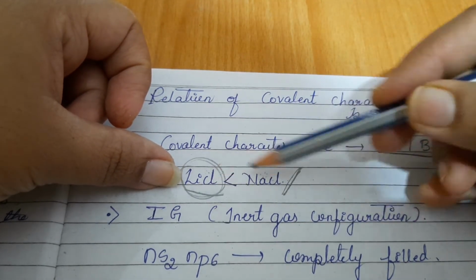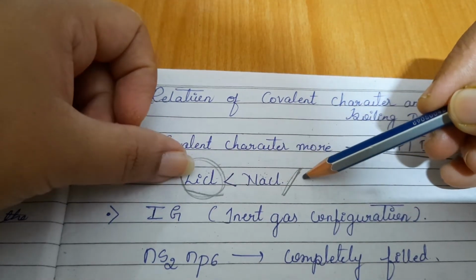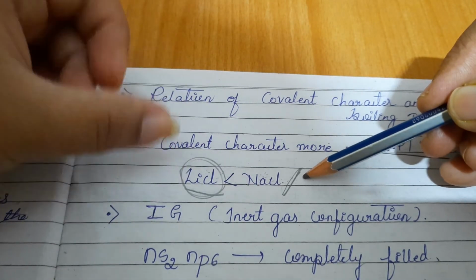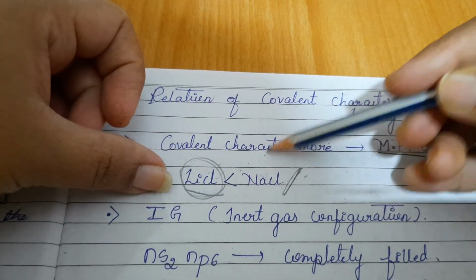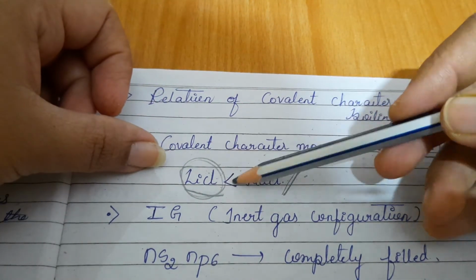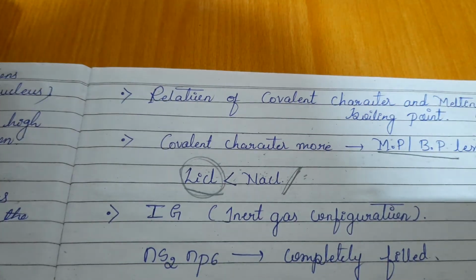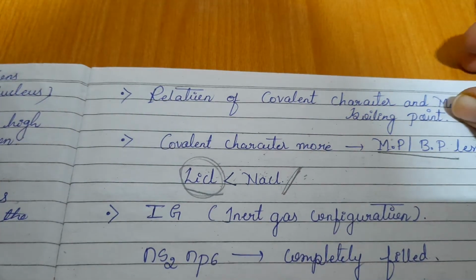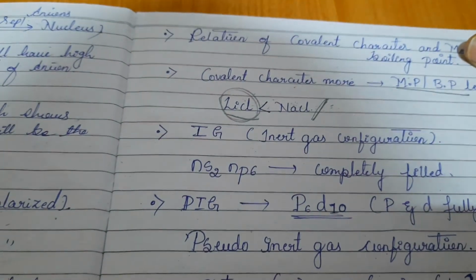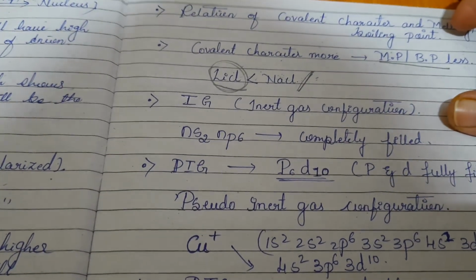But if you consider a comparison between these two, sodium chloride is more ionic than lithium chloride. Lithium chloride is showing a certain extent of covalent character. Higher the covalent character, melting point and boiling point will be less for these, whereas NaCl will be showing more melting point and boiling point values.